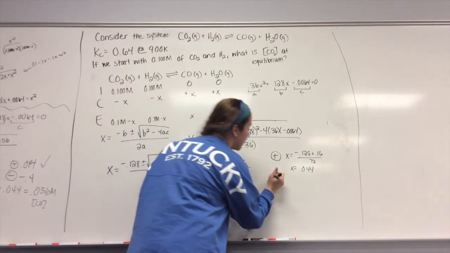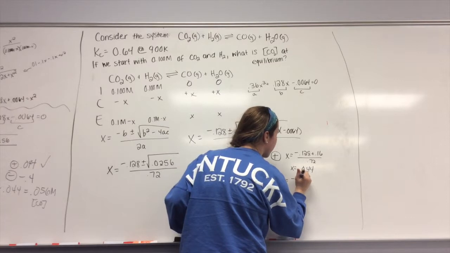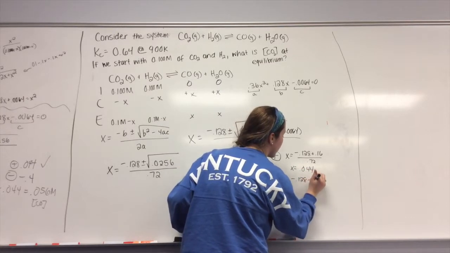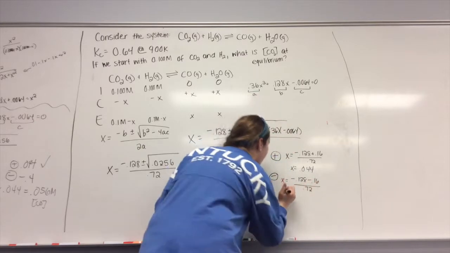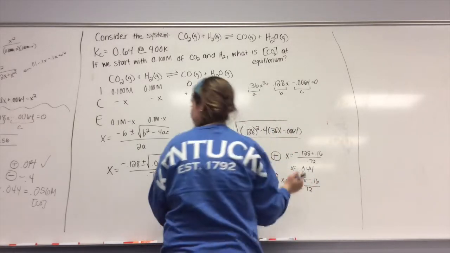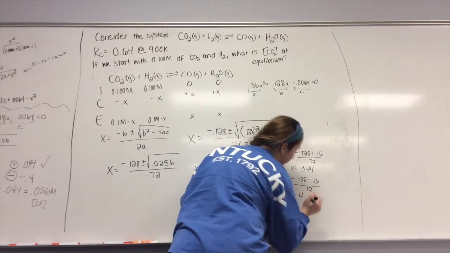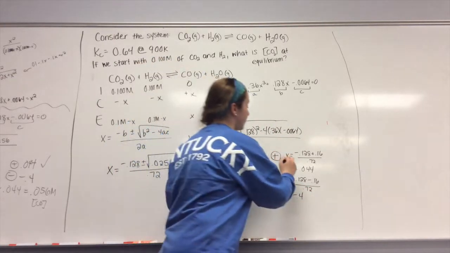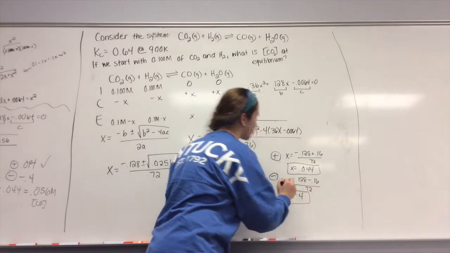When we subtract them, it will look like x equals negative 0.128 minus 0.16 over 0.72. And that gives us an x value of negative 0.4. So these are the two values that we are determining our answer from.